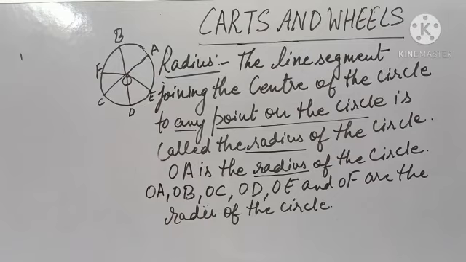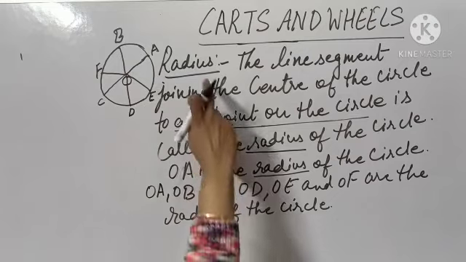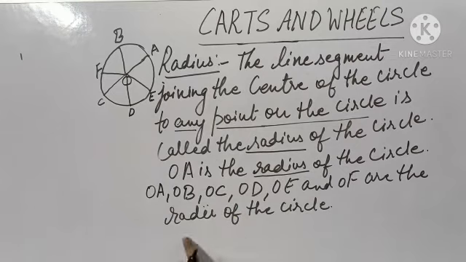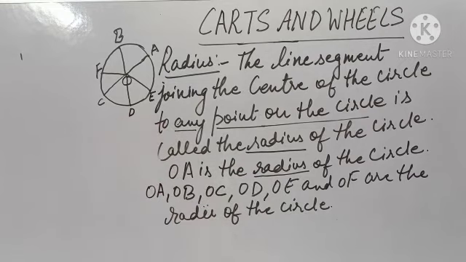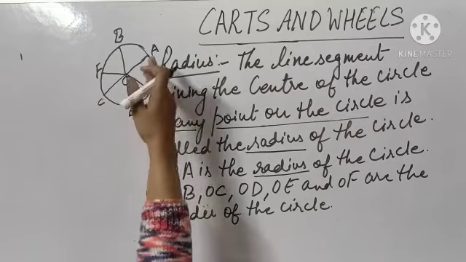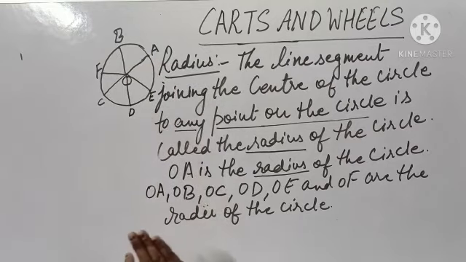I hope you understood how we can get radius. What is radii? Yes? How can we get the radius? By joining the fixed point, that is the center of the circle, and any point on the circle.